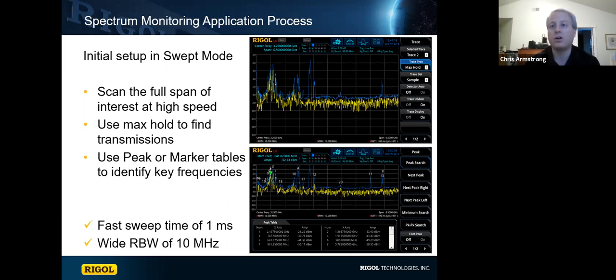Can access markers and peaks to look at different signals with a max hold as well. So a good way to capture incremental signals and look at them, and then find ways to dig deeper into each of those. Right. So have RBWs from 10 megahertz down to 1 hertz for different kinds of analysis views, at this level of a high speed initial scan.